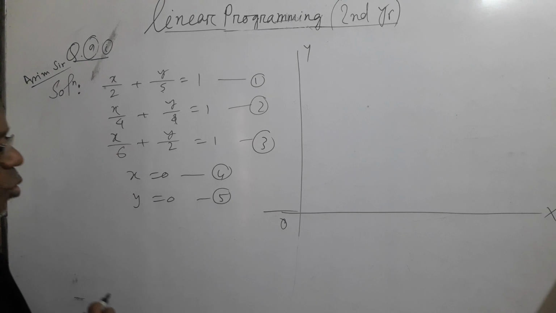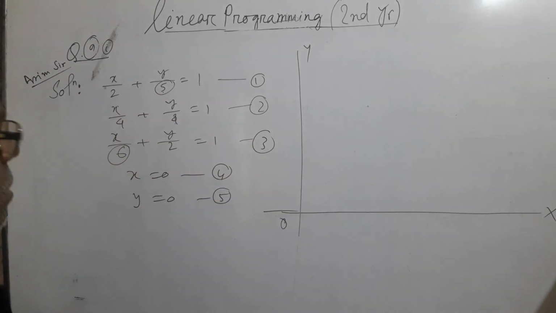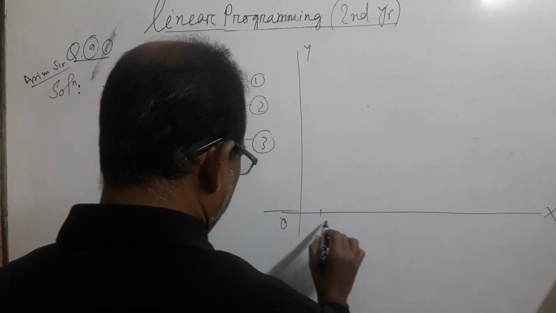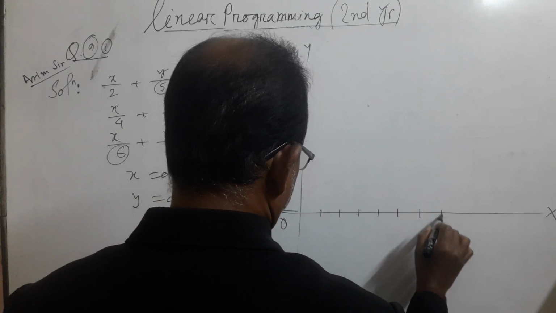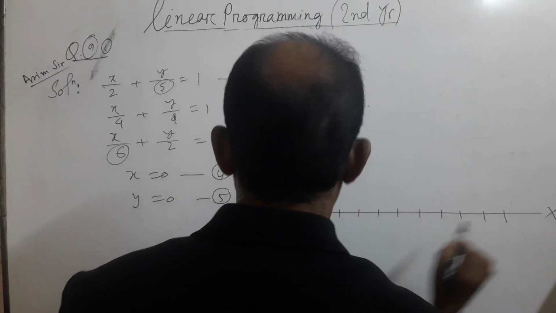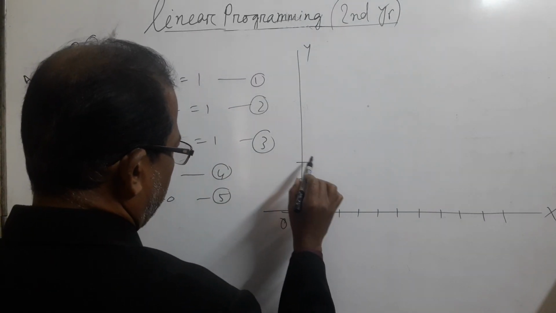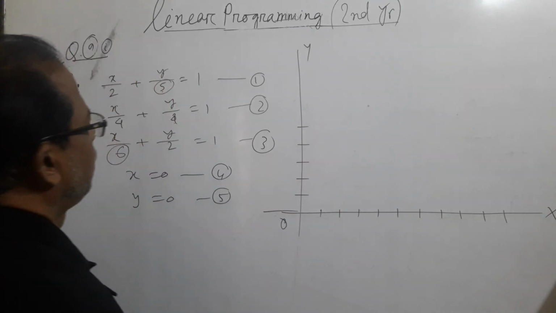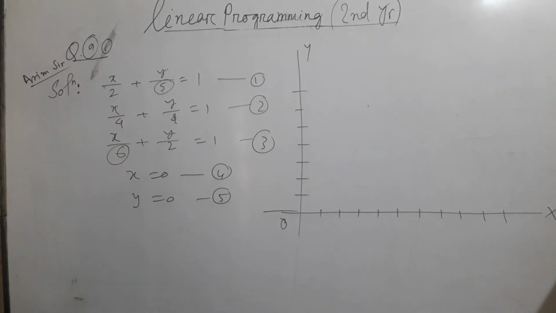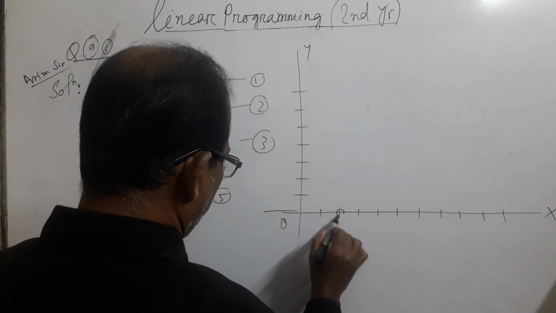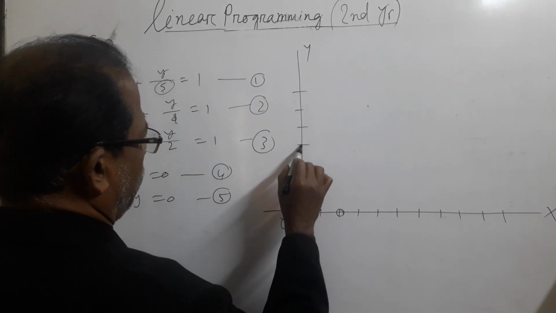For x by 2, that is the largest number, so on the x-axis mark 1, 2, 3, 4, 5, 6, 7, 8, 9, 10, and on the y-axis 1, 2, 3, 4, 5, 6, 7. Here x by a is 2 and y by b is 5.